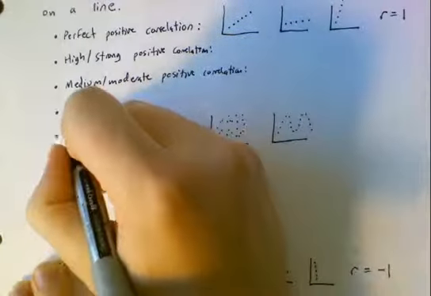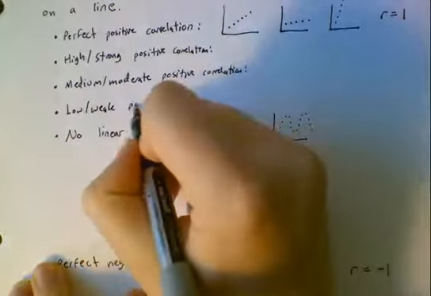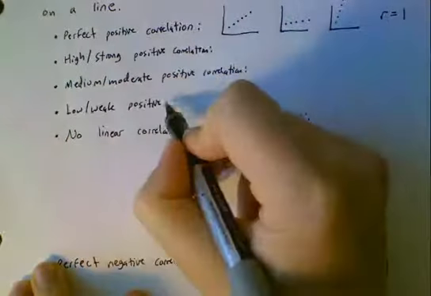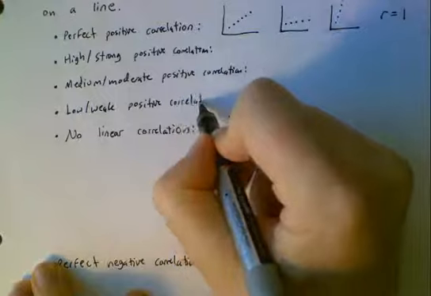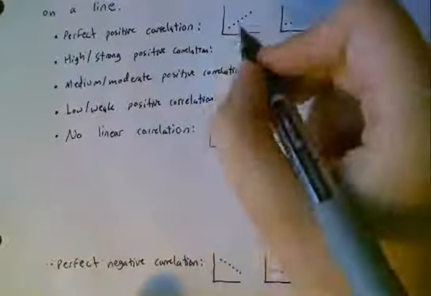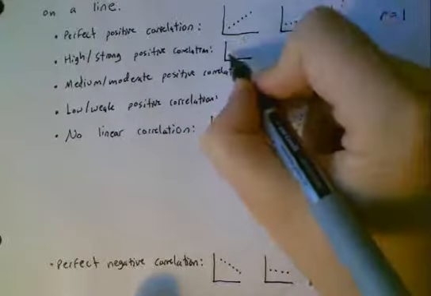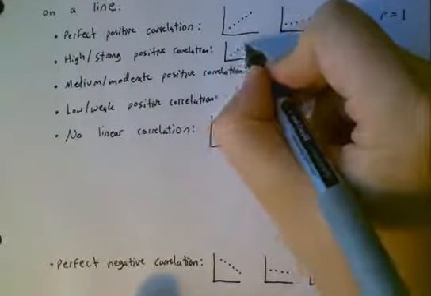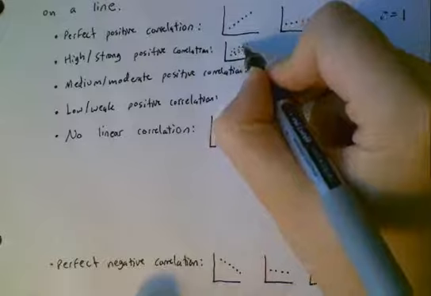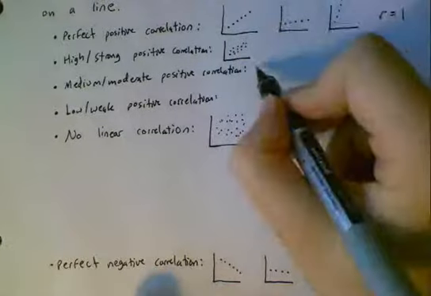And we could have a low or weak positive correlation. And those kind of look the way you might expect them to. Here the points aren't exactly on a straight line, they're just a little bit off, but they're still pretty strongly going there.